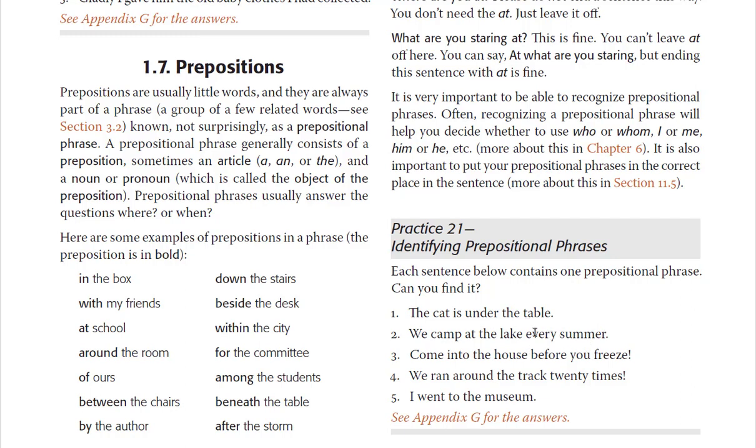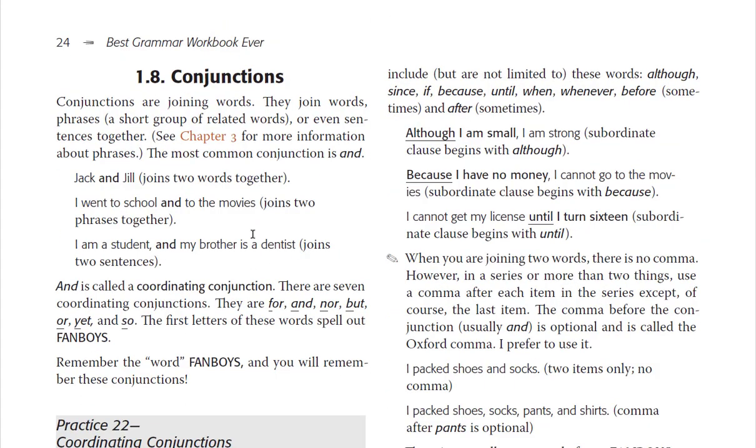Every summer is a prepositional phrase. Before you freeze is a prepositional phrase. To the museum is a prepositional phrase because it tells you where something is or what time and place. Around the track 20 times, that is also a prepositional phrase.